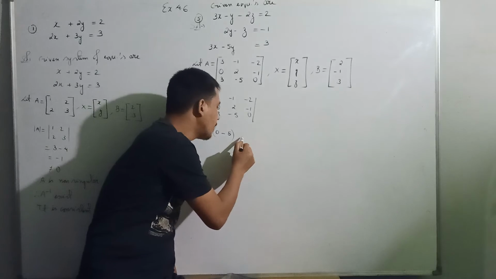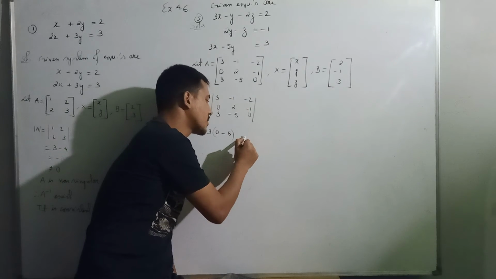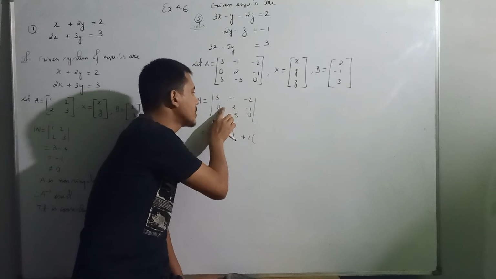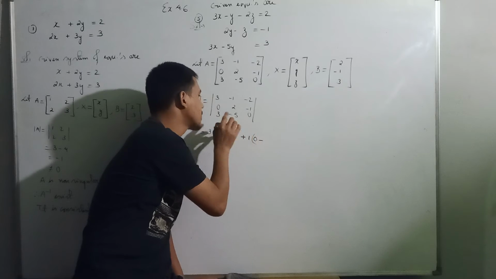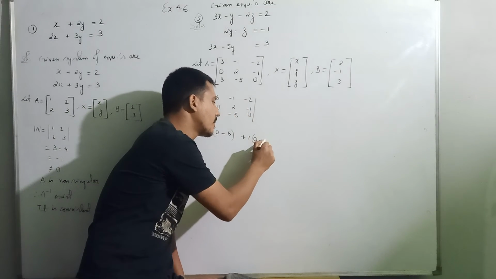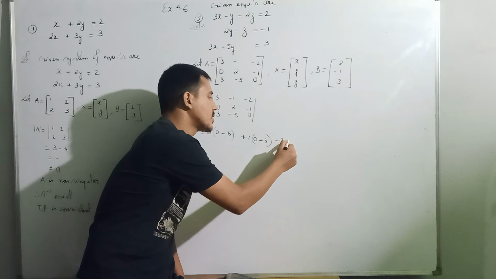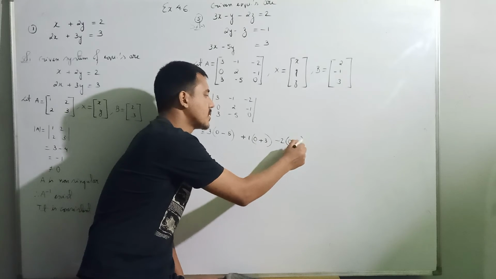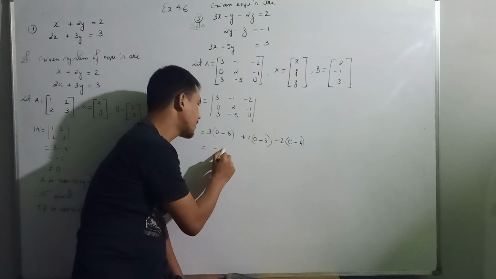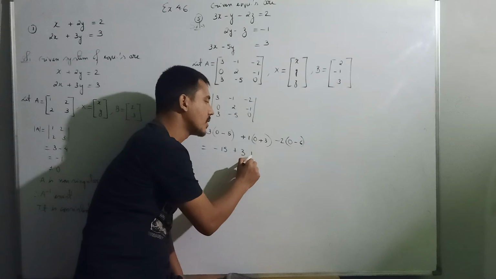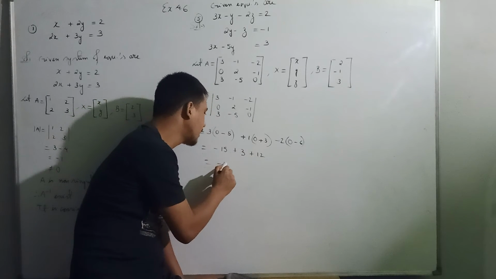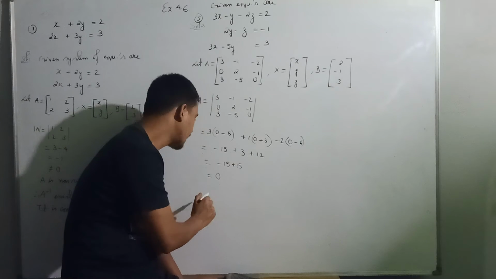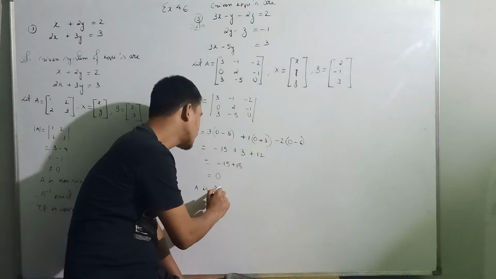Minus of the next element, minus 1, so plus 1, and then we cross multiply the remaining elements: 0 minus 3 into minus 1 is minus 3, so plus 3. And then we have minus 2 times, 0 into 5 is 0, minus 3 times 2 is 6. So minus 15 plus 3 plus 12. Unluckily, your determinant is 0.